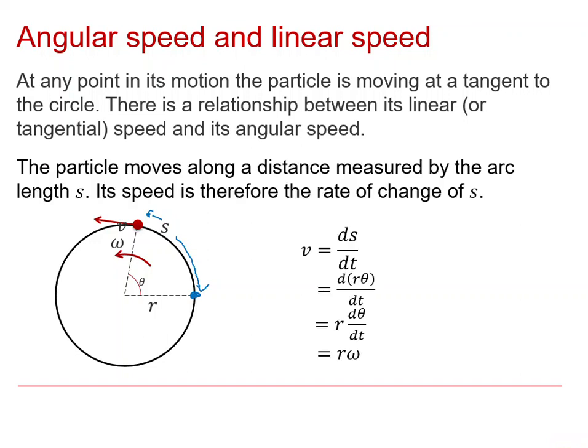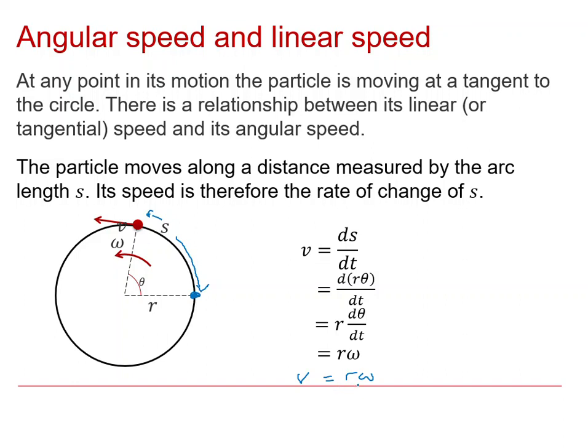So taking the rate of change of s, ds by dt is d by dt of r theta. And since r is a constant multiple, we get r times d theta by dt, or to use the old notation, r omega. Now that relationship v equals r omega is fundamental to circular motion, and it goes back to the fact that you're using radian measure.